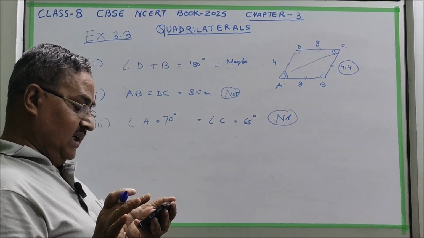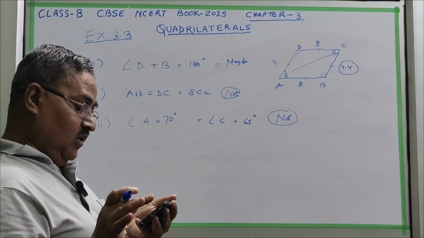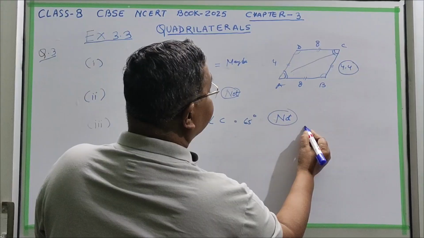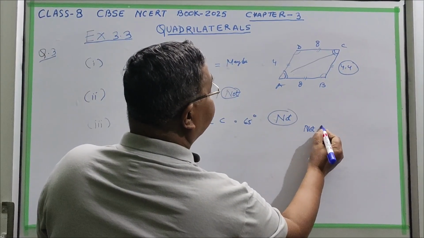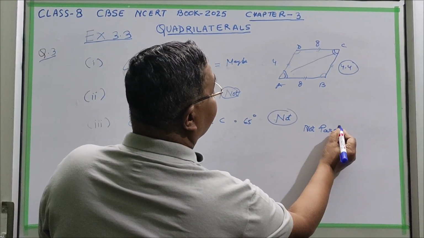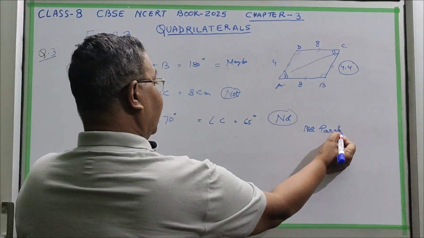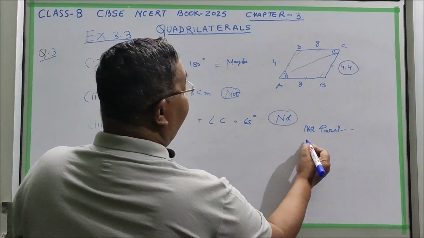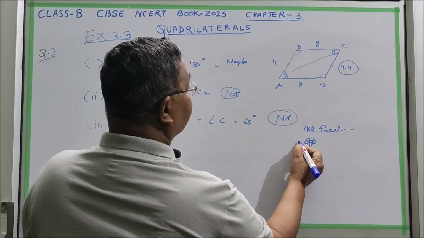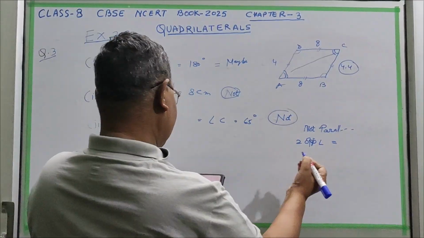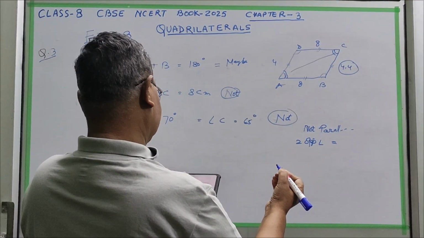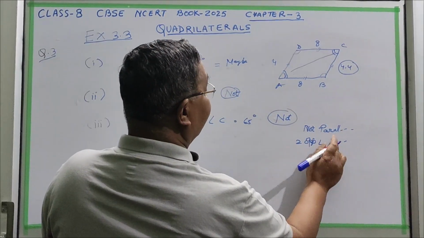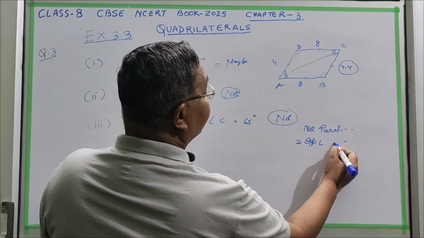You have to draw a rough quadrilateral that is not a parallelogram, and exactly two opposite angles are equal.